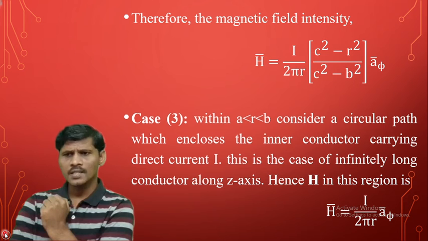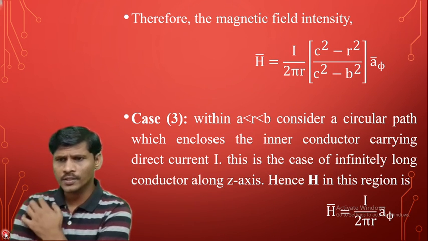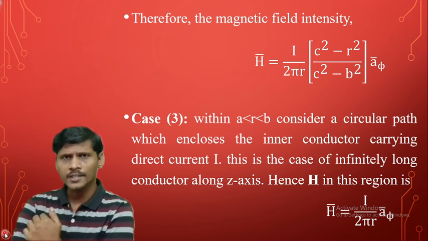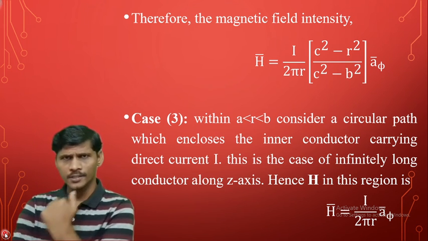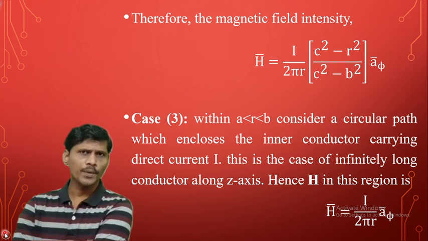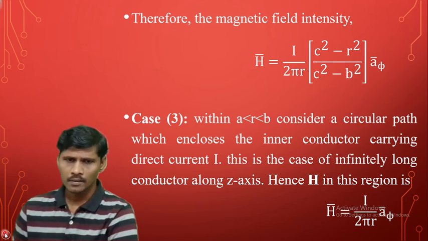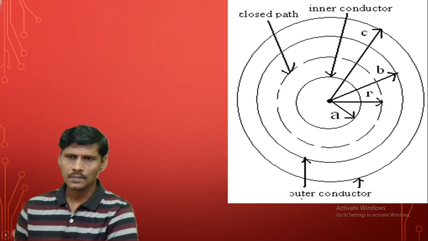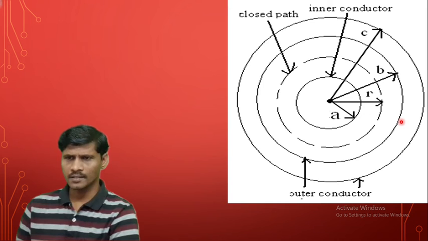In this case, the inner conductor is considered as an infinitely long straight conductor. Hence, the magnetic field intensity due to the infinitely long straight conductor is H bar equal to I by 2 pi r into a phi bar. And this is the inner conductor and this is the outer conductor.